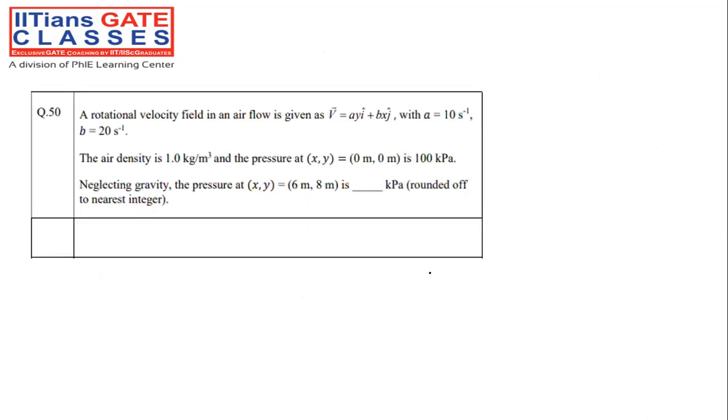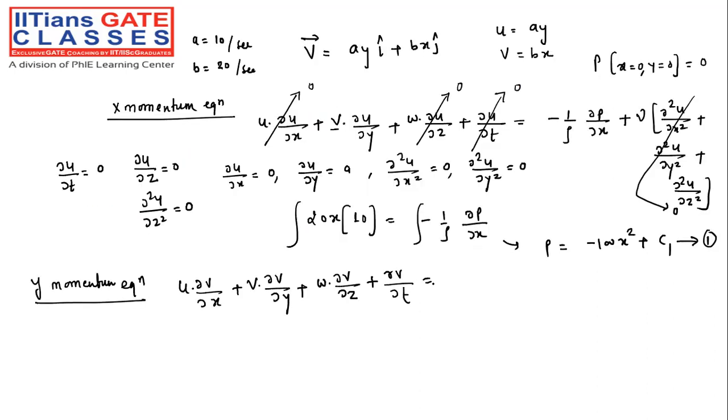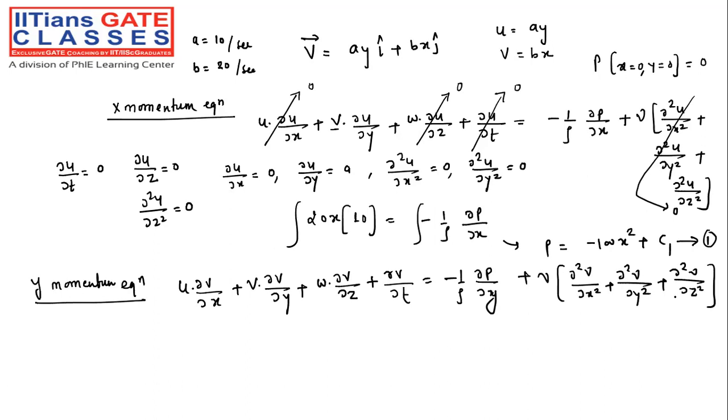That has to be equal to minus 1 upon rho dou p by dou y plus nu into dou square v by dou x square, dou square v by dou y square, dou square v by dou z square, right?